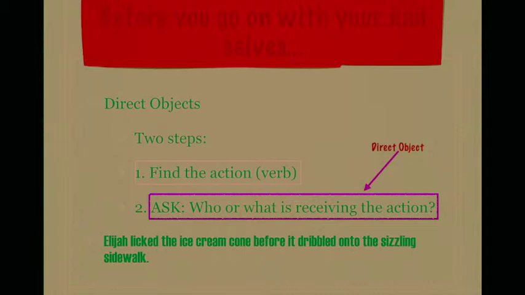For this sentence, the action or the verb is licked. So who or what is being licked? I think it might be the ice cream cone. Turns out that's right.